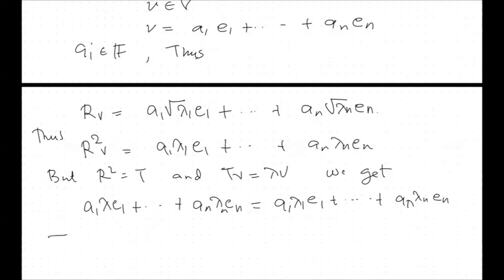That means that we get a sub j times lambda minus lambda j is equal to 0 for j from 1 to n.